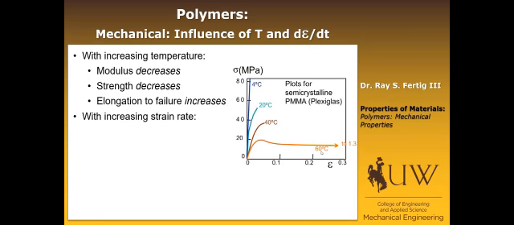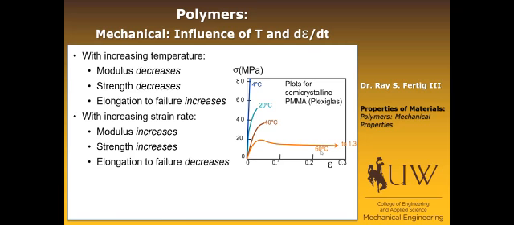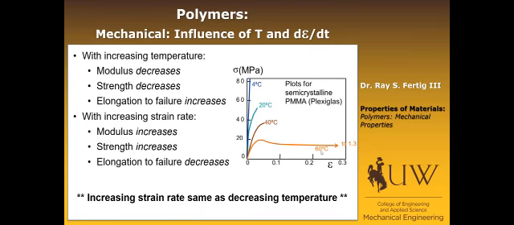So with increasing strain rate, we're going to see a modulus increase, a strength increase, and an elongation to failure decrease. So the idea here is that an increasing strain rate acts on the polymer in the same way that a decreasing temperature does. So polymers in general are going to be very sensitive in terms of time temperature effects.